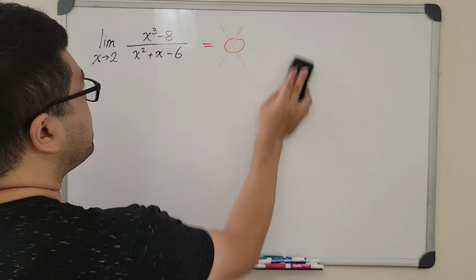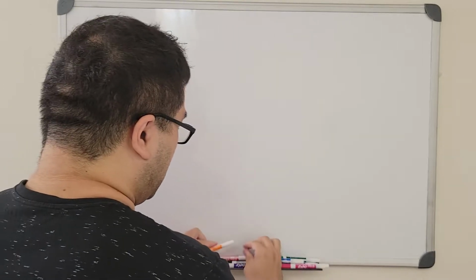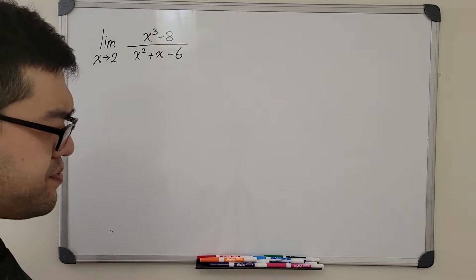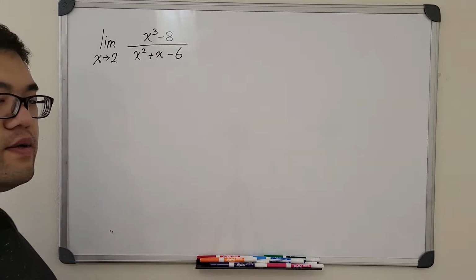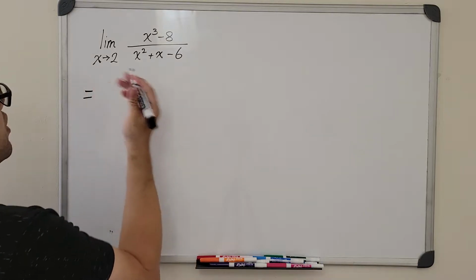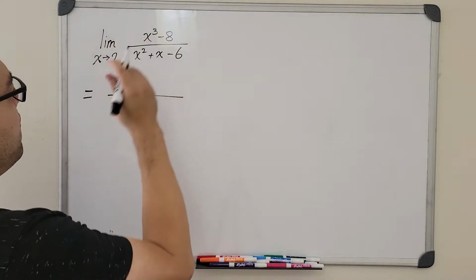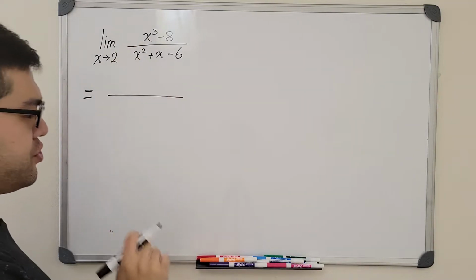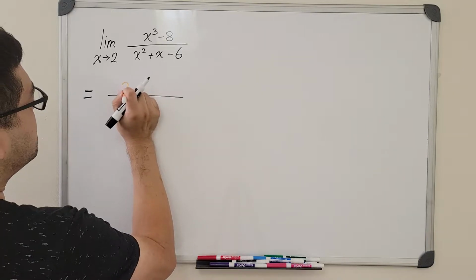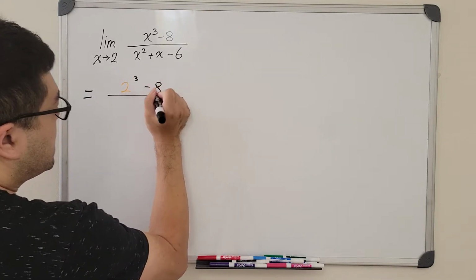Here's why. If we follow the idea of limits that we learned from the last video, here's what's going to happen. If we substitute x by 2, of course, on top we get 2 to the third power minus 8.